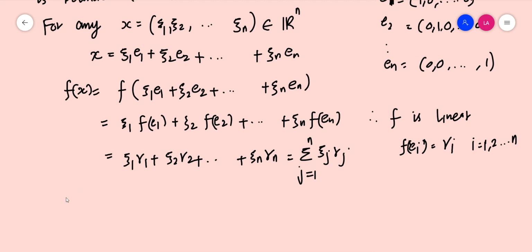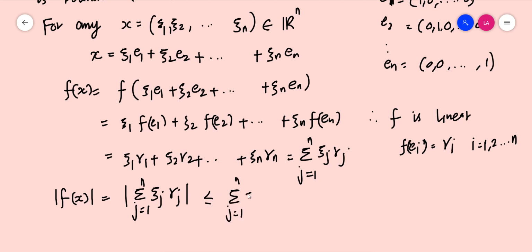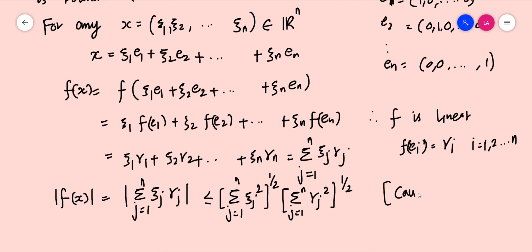So modulus of f of x should be equal to modulus of summation j equal to 1 to n of theta j times gamma j. Now, this is less than or equal to the summation j equal to 1 to n of theta j square, the whole raised to 1 by 2, times the summation j equal to 1 to n of gamma j square, the whole raised to 1 by 2. This can be done because of the Cauchy-Schwarz inequality.